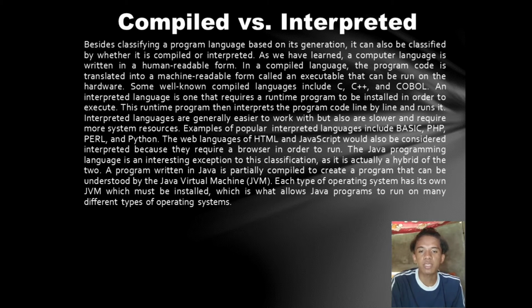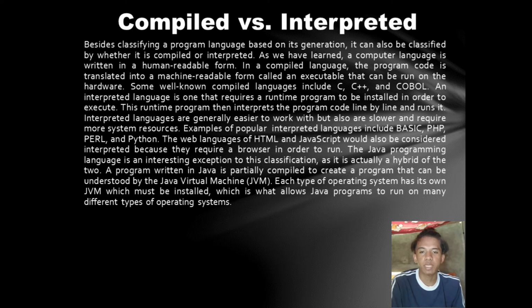The web languages of HTML and JavaScript would also be considered interpreted because they require a browser in order to run. The Java programming language is an interesting exception to this classification, as it is actually a hybrid of the two.